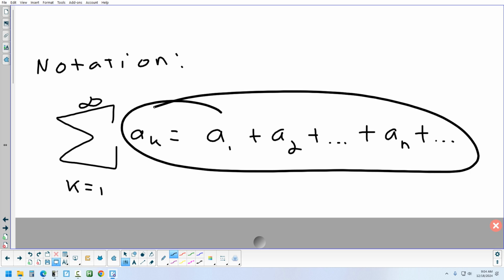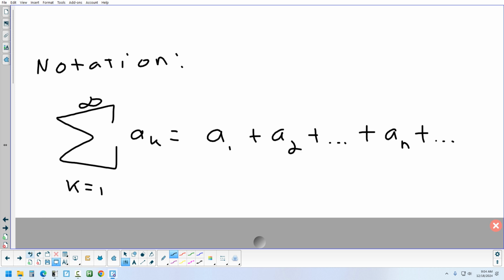Something different on the right side that wasn't there yesterday. The extra dot dot dot, on the very end. We never had a problem yesterday that had a dot dot dot on the end. When you put the dot dot dot on the end, it means that it keeps going forever.